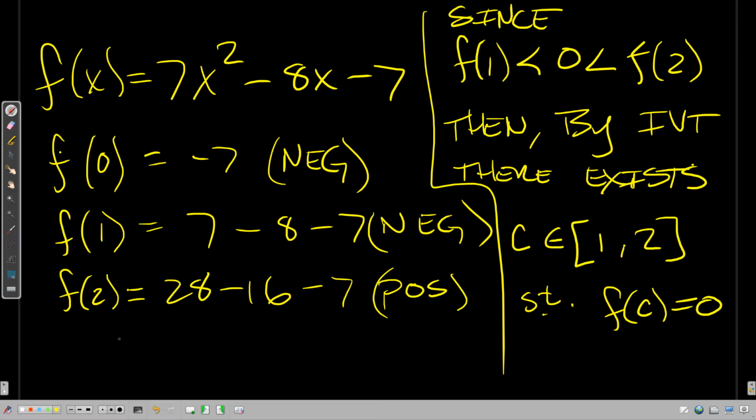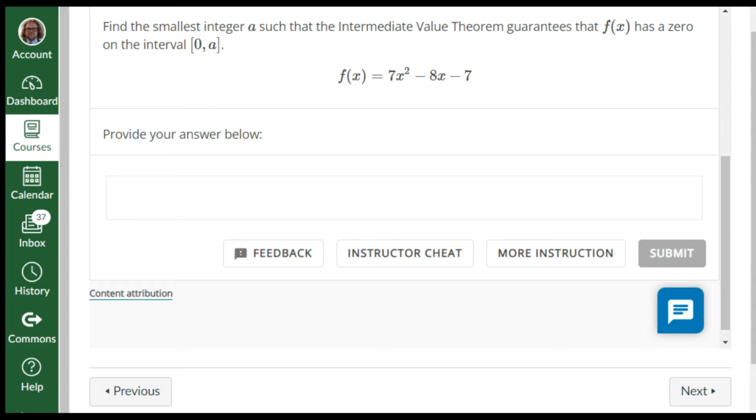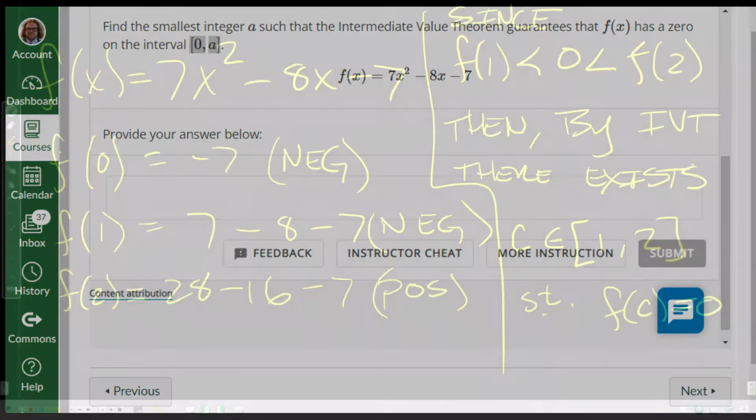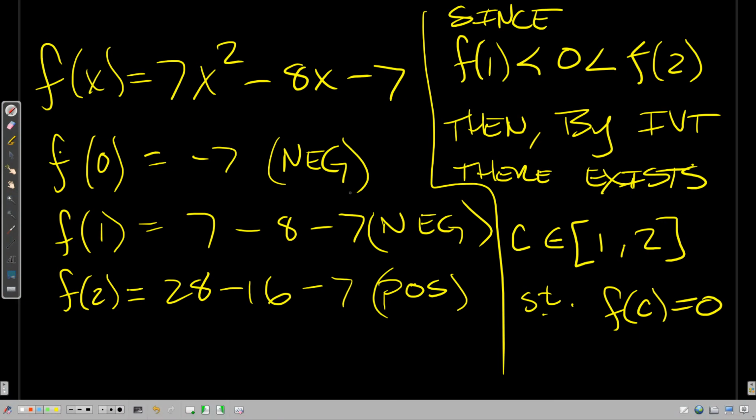That's probably a little more restrictive than what they were asking me for in the problem, because in the problem they wanted my lower interval to start at 0. And both f of 0 and f of 1 were negative, so it's just as sound of an argument to say this.